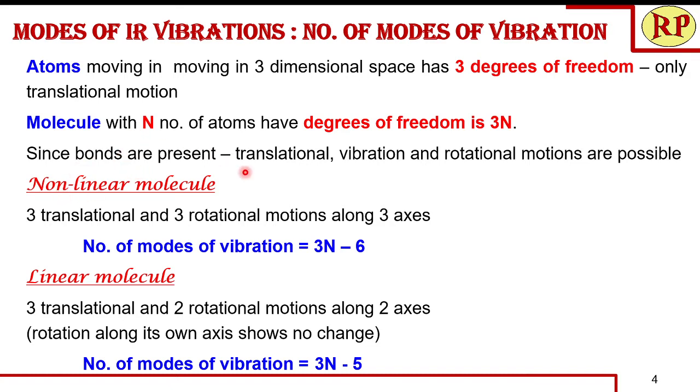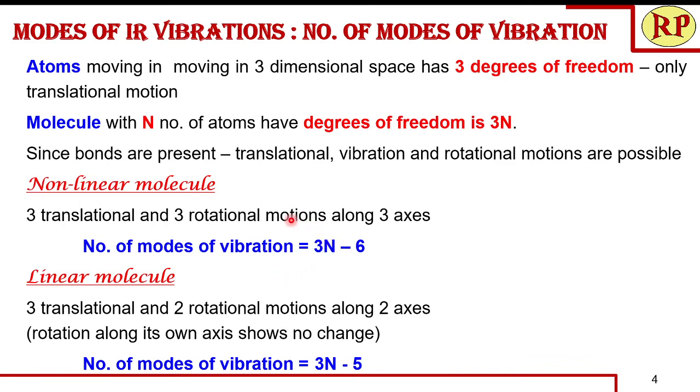If I take a non-linear molecule, we have 3 translational motions, but due to the bonds, we will have 3 rotational motions along 3 axes. So we have 3 plus 3, 6 motions put together for translational and rotational. So the number of modes of vibration will be 3n minus 6.